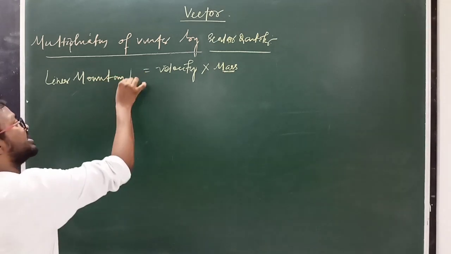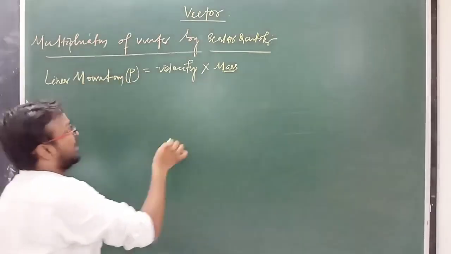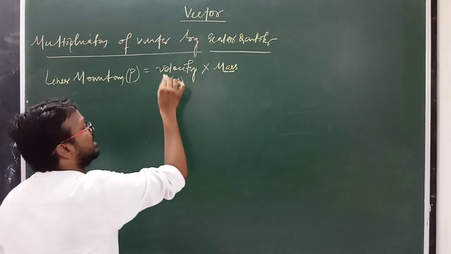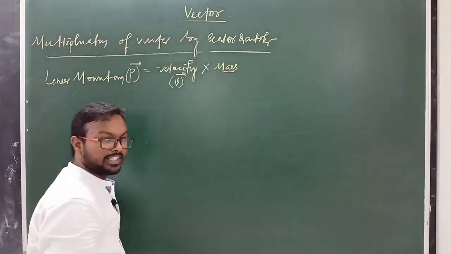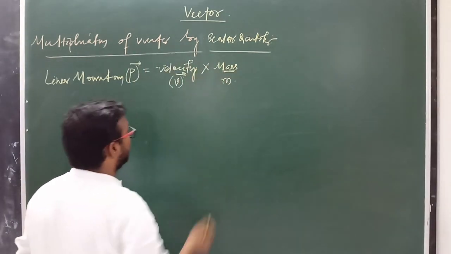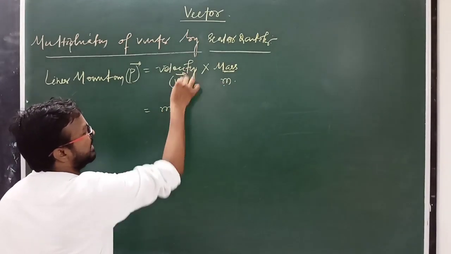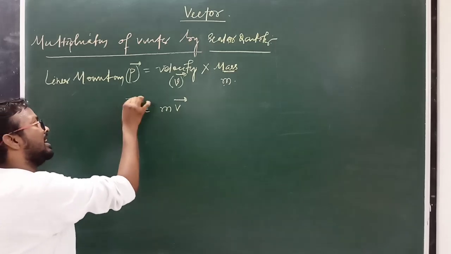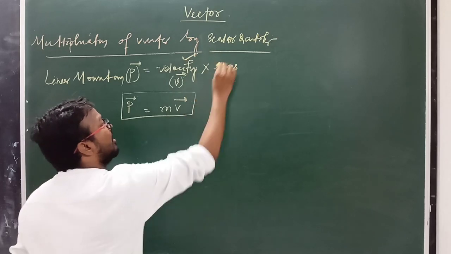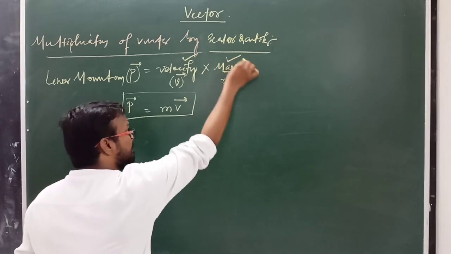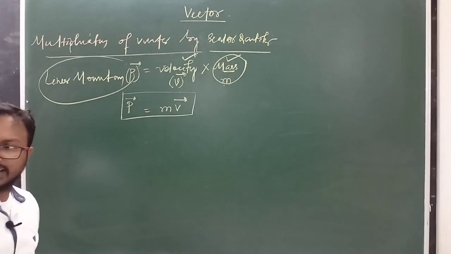Linear momentum is represented by a capital P vector, and velocity is represented by V vector, and mass is not a vector, it is only a scalar quantity. So we can write mass into velocity, which gives a vector quantity. If velocity is a vector and mass is a scalar, and we multiply a scalar with a vector, then the final result will be a vector quantity.